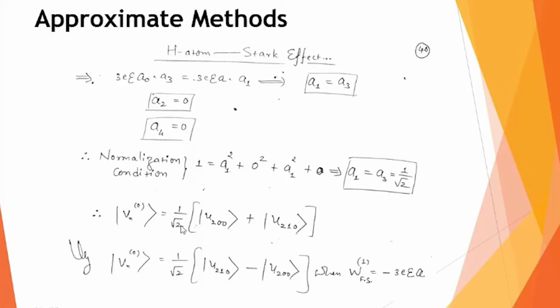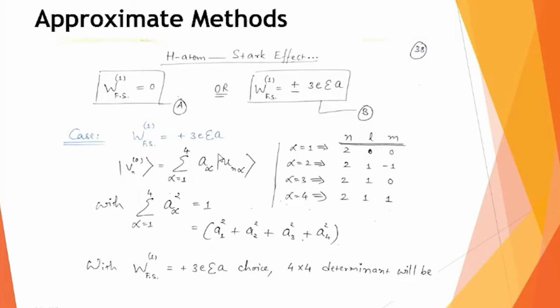So my state function will be 1 by root 2 times U200 plus U210. Right? This 1 by root 2 is nothing but the normalization constant.